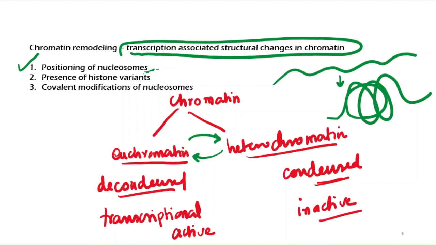So if you reduce the positive charges of histone, what will happen? The DNA and the histones will be loosely bound, which brings about a decondensed form, and a particular gene will become transcriptionally active. So the positioning of the nucleosome will alter the chromatin conformation.